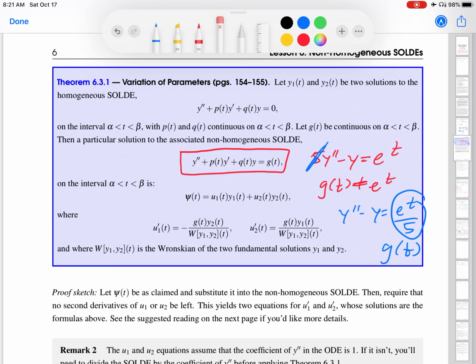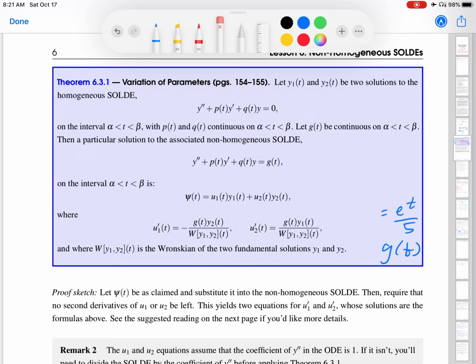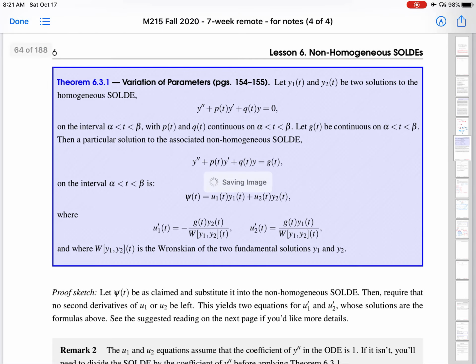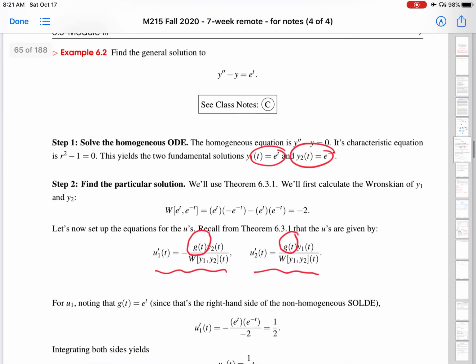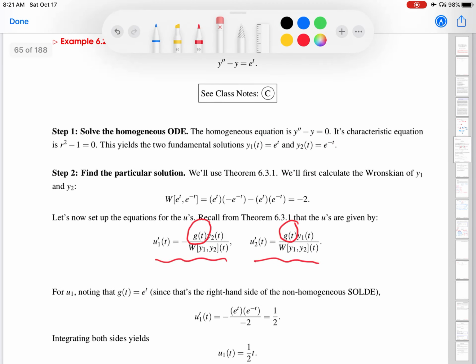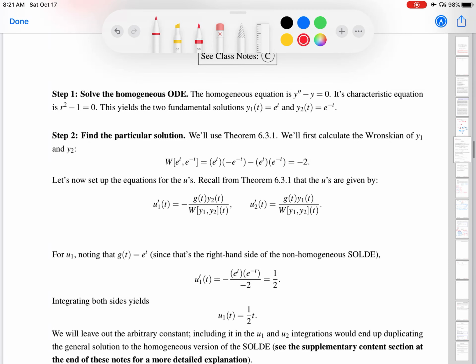That's important because it's very easy to forget that and write down a g of t function that is ever so slightly different from the actual g of t that's assumed in the variation of parameters formula down here. And then you'll check your solutions, and it will be slightly different from what it should be. And you'll spend hours and hours figuring out why. Turns out you just forgot to divide by 5 or something like that.